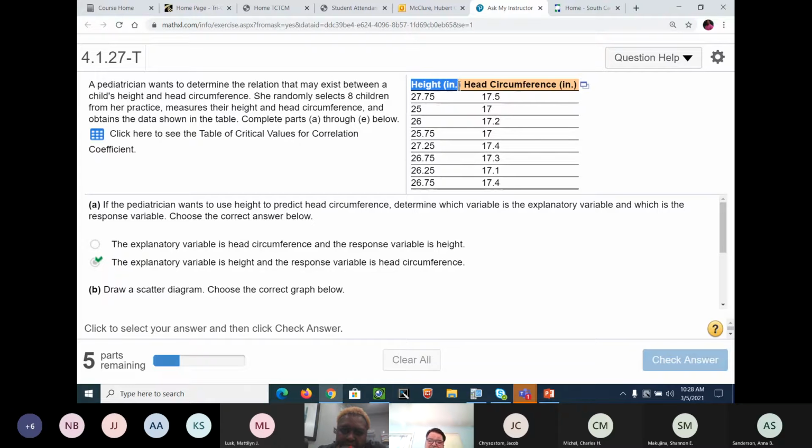Height in inches. Okay, so that variable is height. So the explanatory, the x-axis is height. That's on the bottom. They just want you to make sure that you know which one's the x-axis and which one's the y-axis.